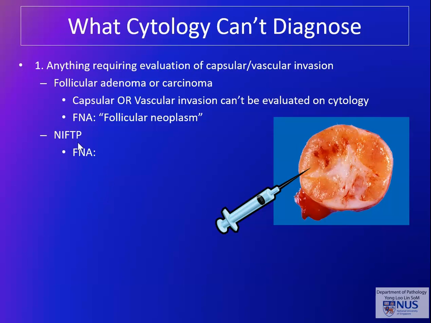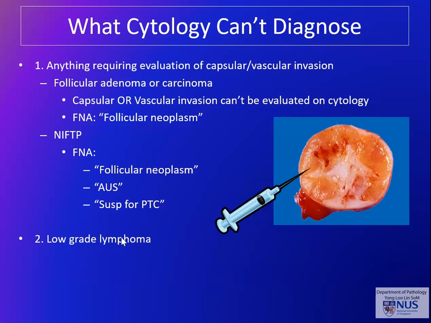We also cannot diagnose a NIFTP. This will go into several indeterminate categories, usually follicular neoplasm, atypia of undetermined significance, suspicious for papillary thyroid carcinoma. But we need to look at the capsule again in order to make a definite diagnosis of NIFTP. It's also very challenging to diagnose low-grade lymphoma on cytology because a lot of the time the lymphoid population itself does not look particularly high-grade or pleomorphic or worrying.